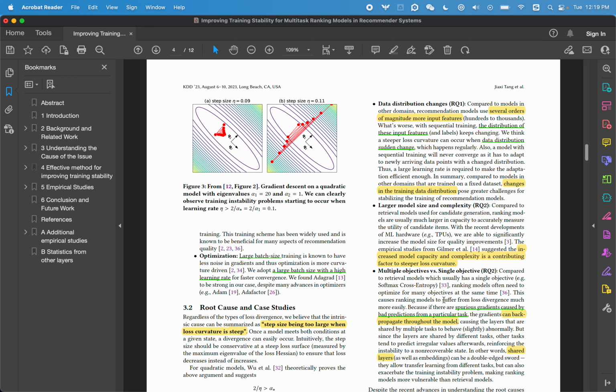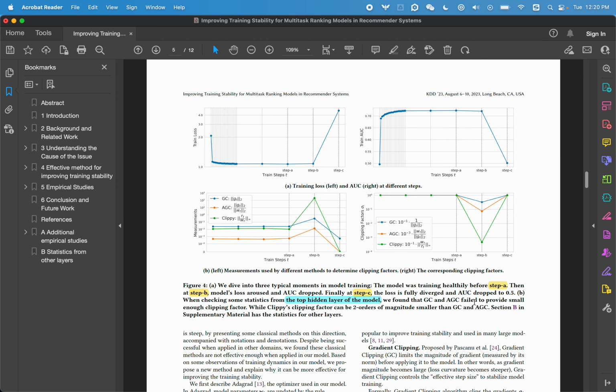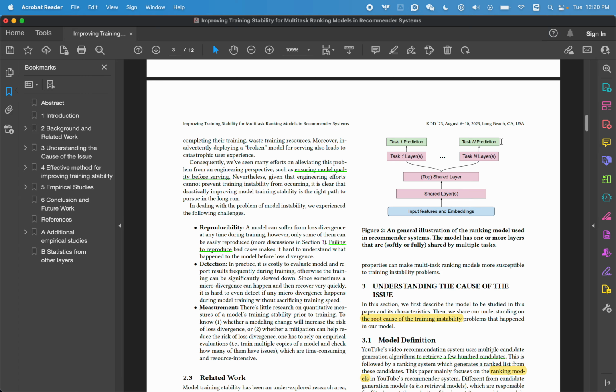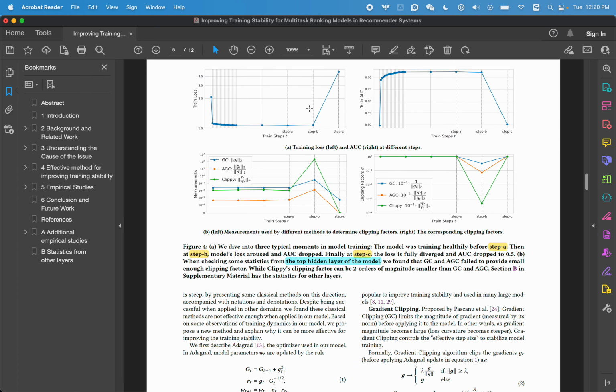Okay, let's see how it defines the problem and tries to solve it. This is what I love about this paper. It tries to pinpoint the problem by looking at the moment when the crash happens. During the divergence, which happens on step B, the loss spikes up to a point that never returns, and the AUC dips down and never returns. It's the same chart we've seen, except it looks closely only at these steps.